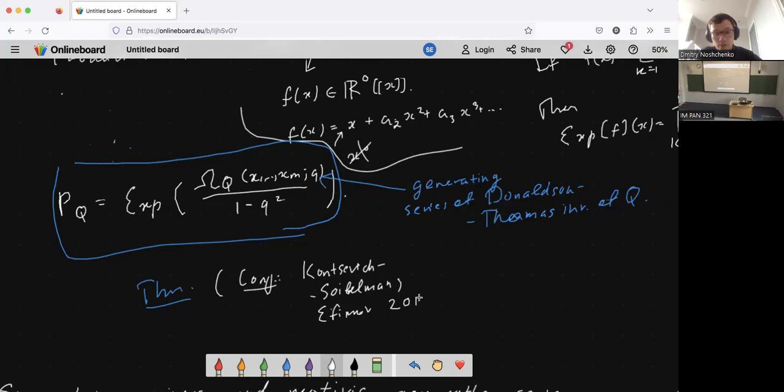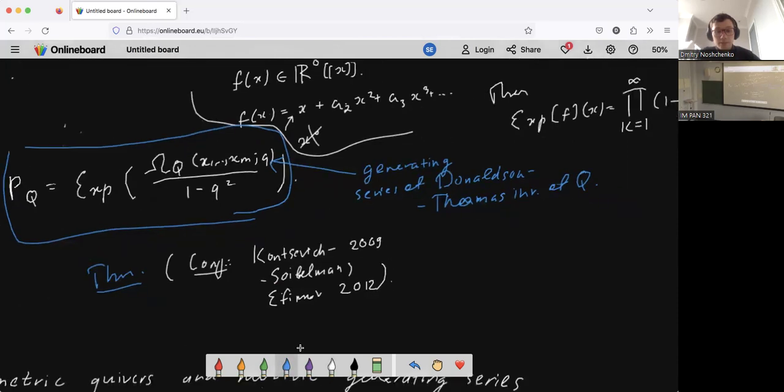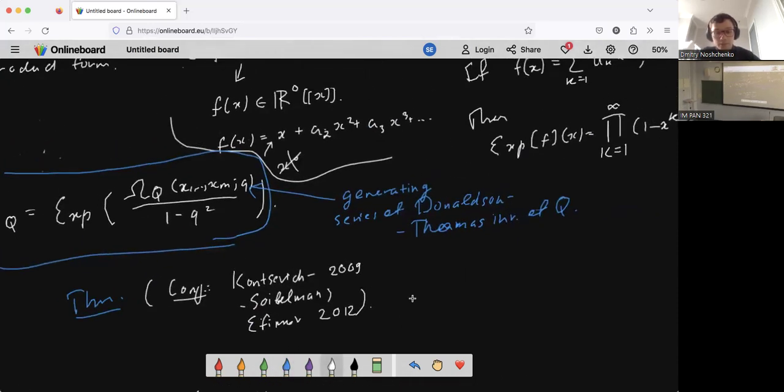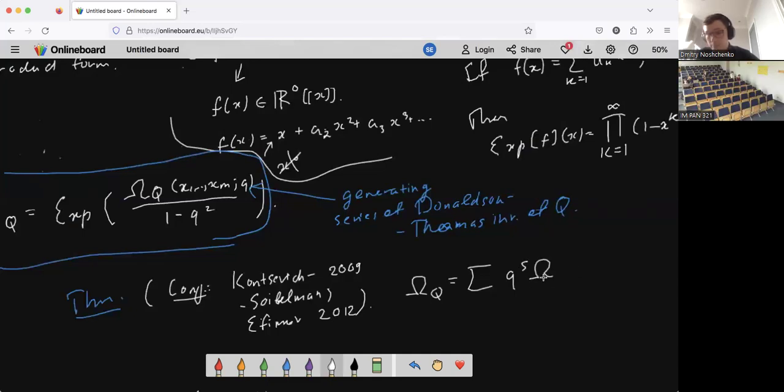This was around 2009. So this states that omega_Q can be written as a series, a sum of some number Omega to the power s, times q to the power s. Here the coefficient is some number which depends on the dimension vector, and everything is multiplied by x1 to the power d1 through xm to the power dm.